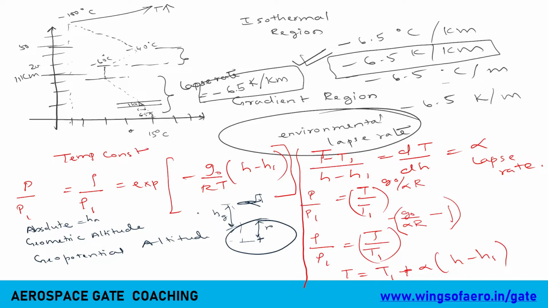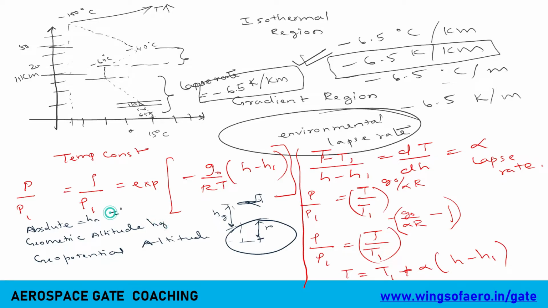Because if there are terrain-based airports, for example in Nepal, some airports are at high altitude, what we take as a reference as sea level may differ from terrain to terrain, right? So that's why we take the geometric mean sea level. So this is geometric altitude, that is hg.